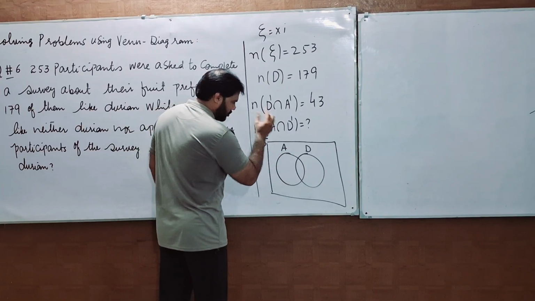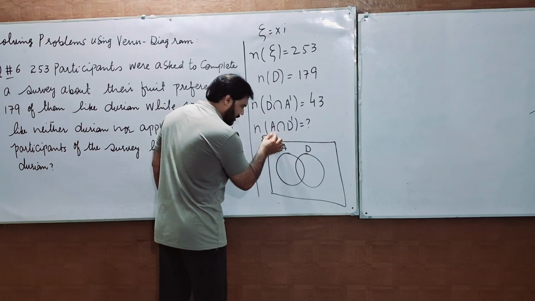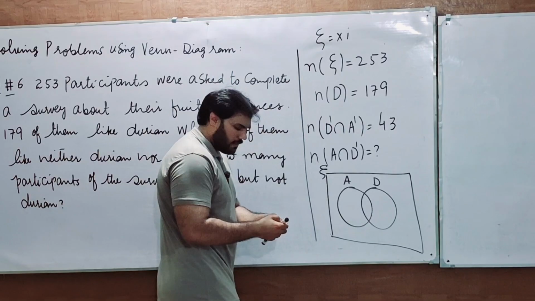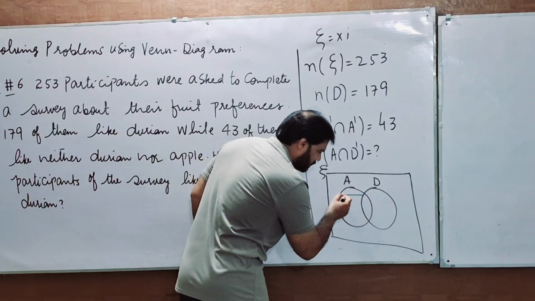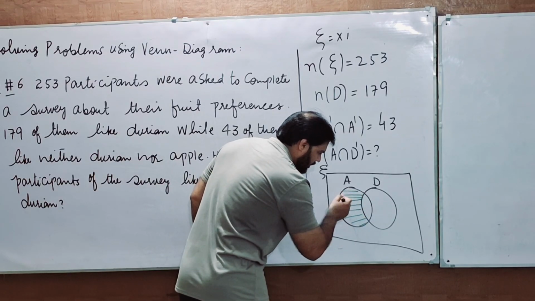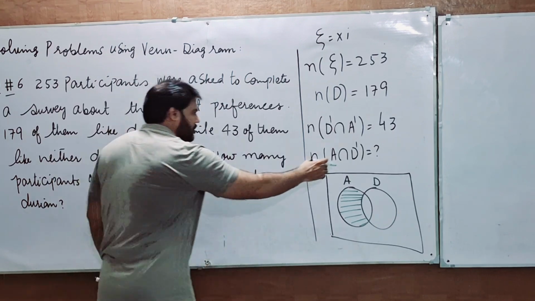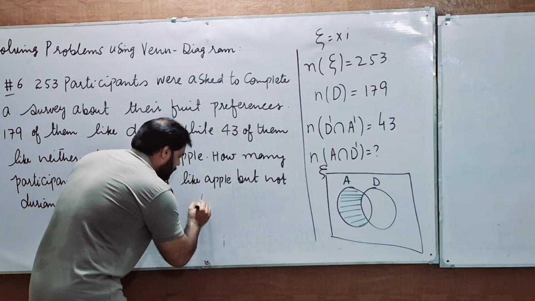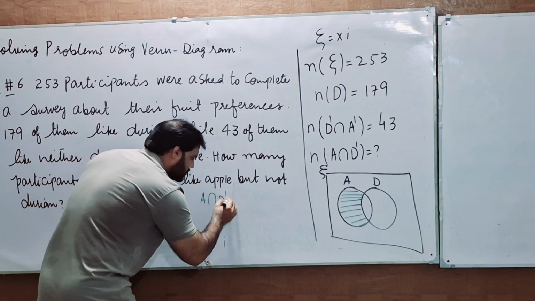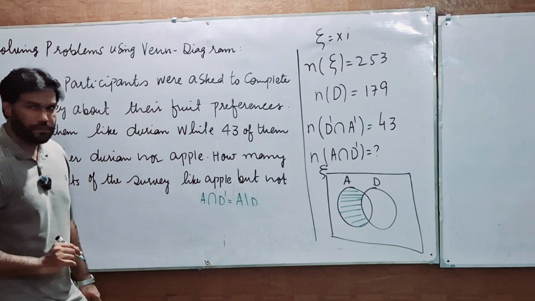We have to find the portion that consists of the elements that like apple but not durian. It means we have to find the number of elements in this portion, the elements that lie here but are not part of D. Actually, A intersection D complement is A difference D.